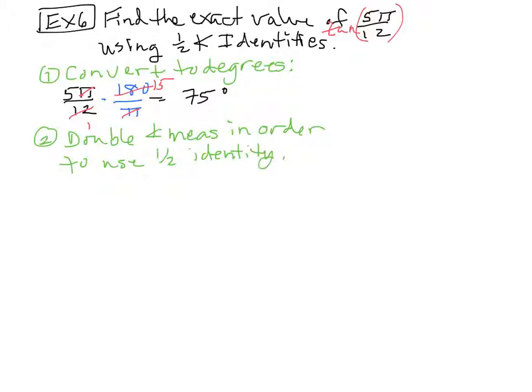And the reason for that is, if you look at those half angle identities up there, you look at the tangent of u over 2. U over 2 has got to equal my 75 degrees. It says double the angle measure. That's geometry shorthand. Double the angle measure in order to use the half identity.